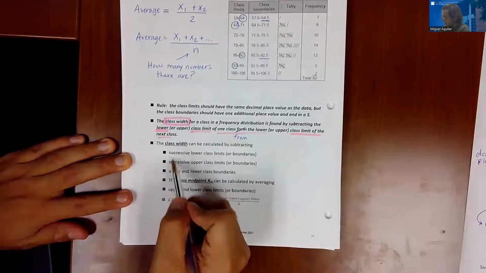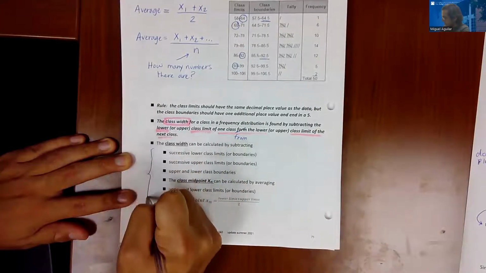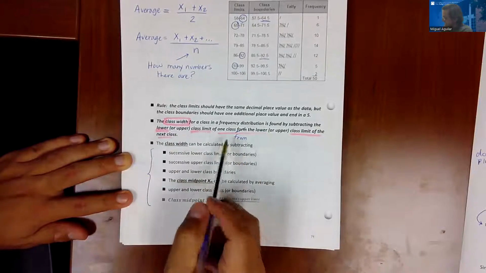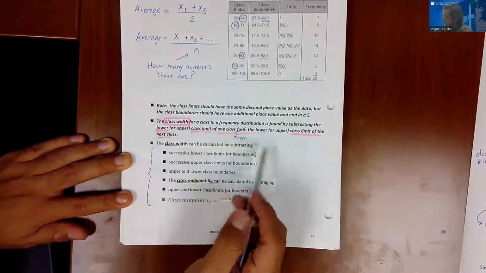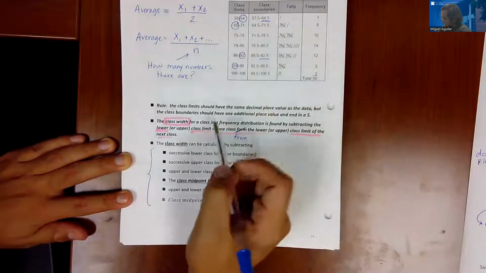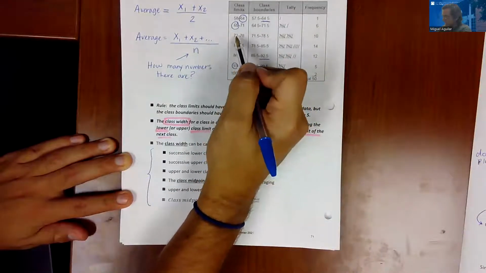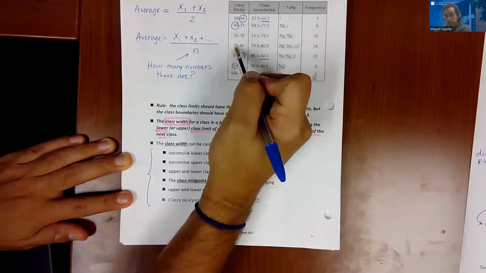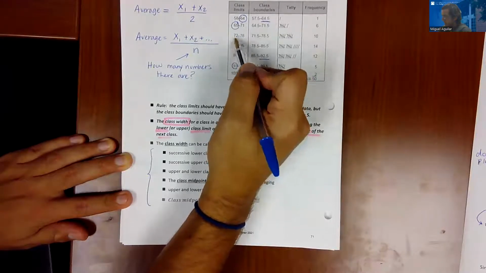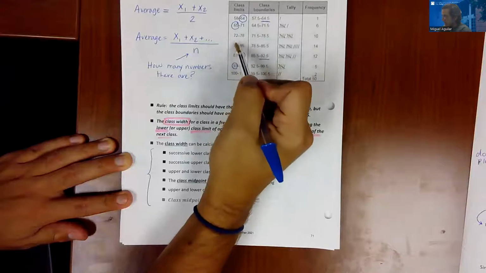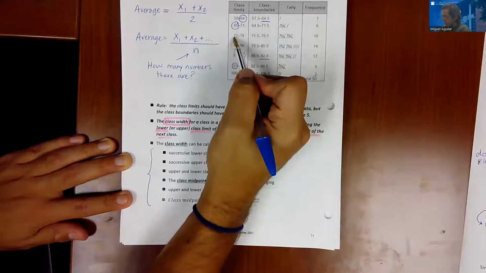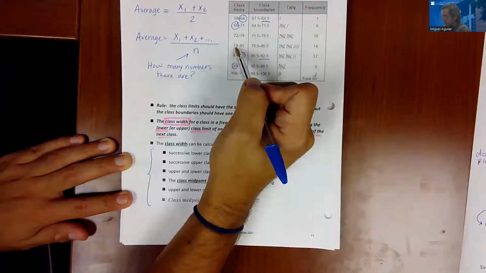And so this basically summarizes the different ways you can calculate the class width. Based on this definition, if you look at the class limits 72 and 79, these are both the lower class limits of these two classes, right? If we were to subtract those, what is the difference between 72 and 79?